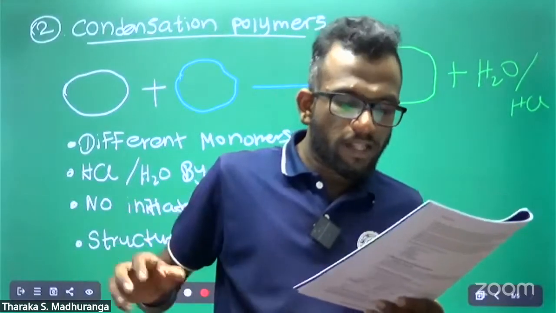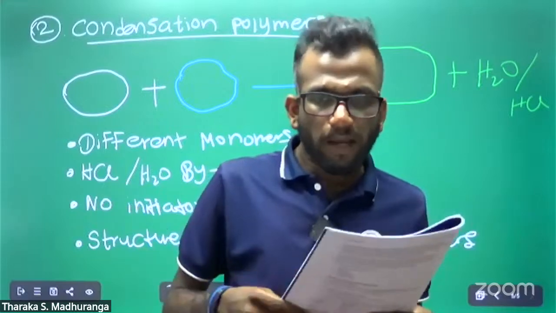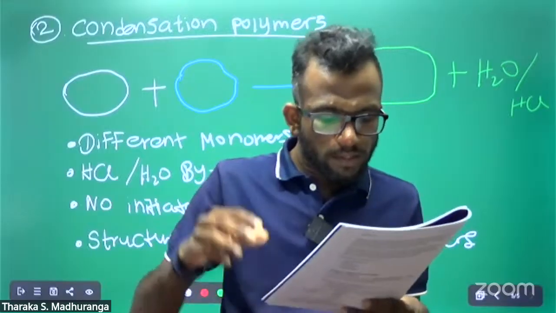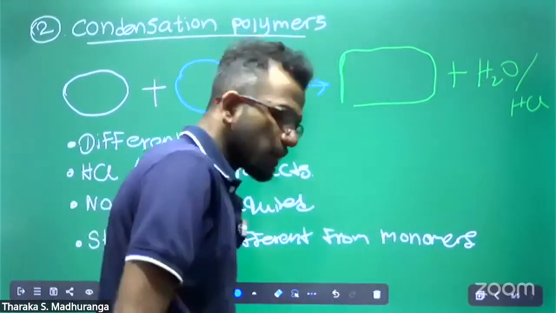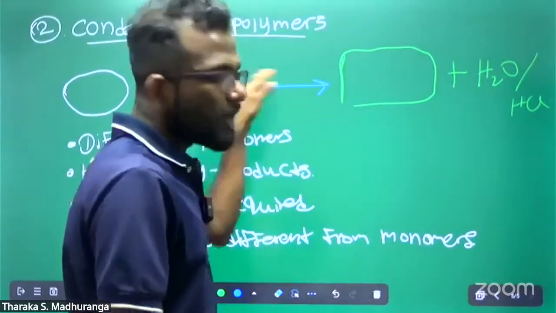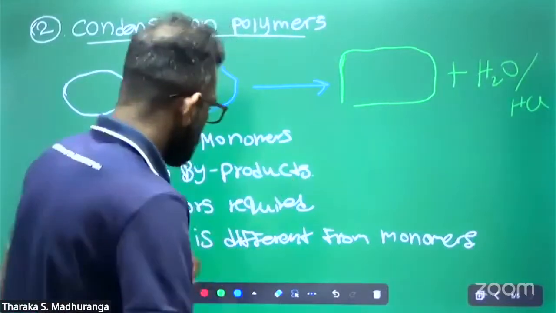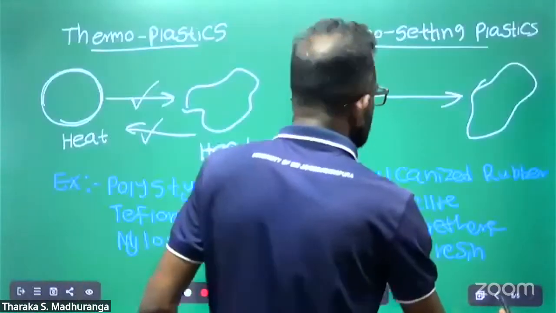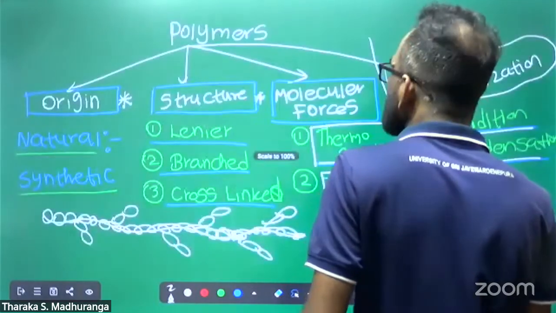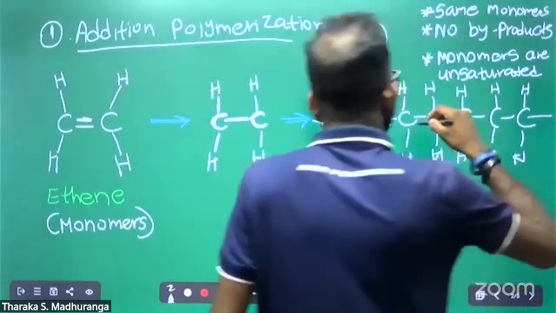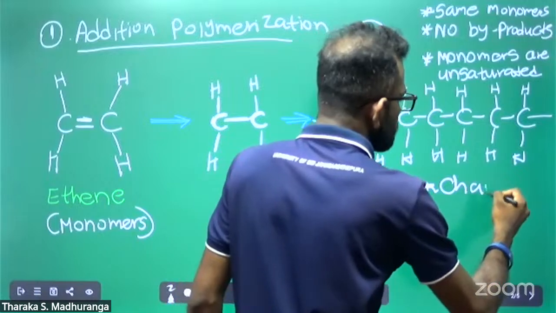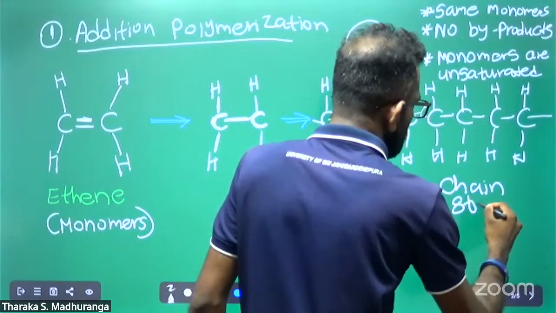Water, HCl or methanol-like byproducts can be produced in condensation polymerization. Polymer growth, the other thing I want to explain. In addition polymer, the polymer is like a chain, I told you. The structure is like a chain structure.